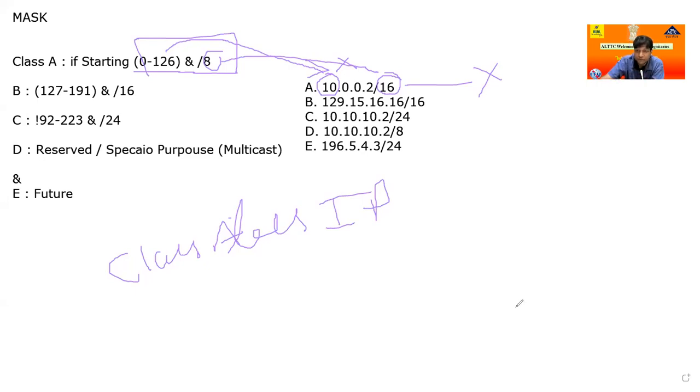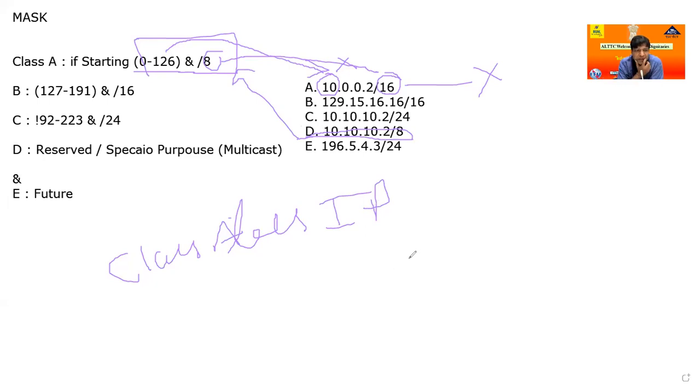Now very nice, all are getting my point. This is the class A IP because it follows those terms. Other IPs are valid, but they do not belong to class A as per our knowledge.